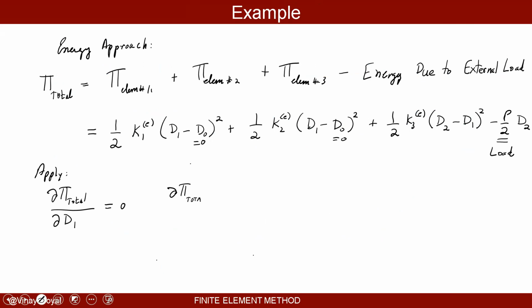The first one would be the partial derivative with respect to D1, and the second one would be the partial derivative with respect to D2, right? And you can see we have two equations and two unknowns. We can solve for the displacements, right?